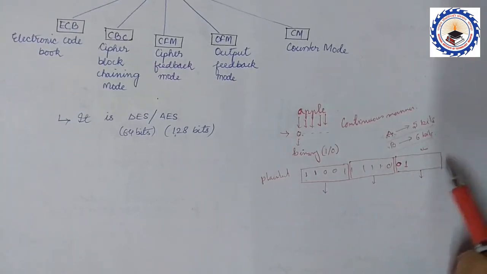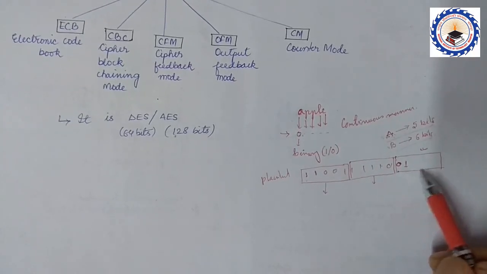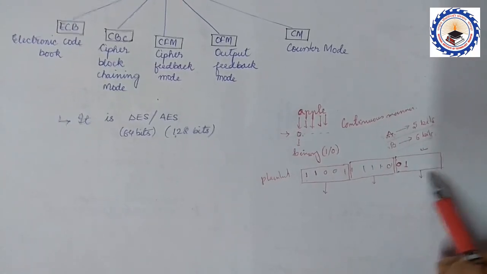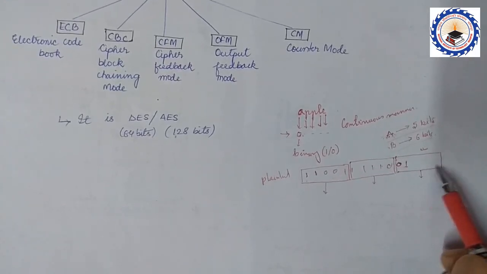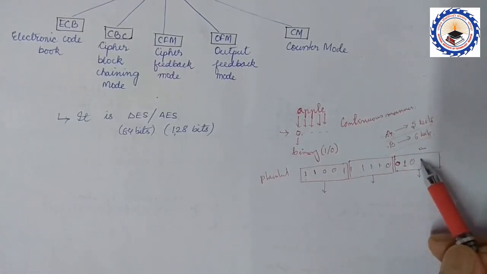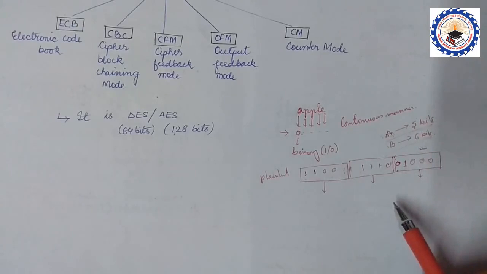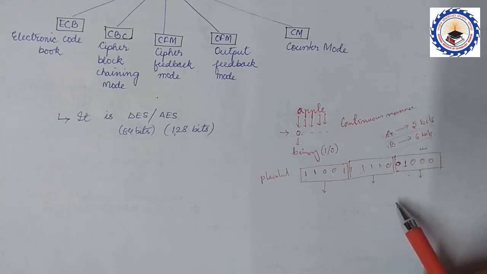For the last block, as we also told earlier, there are always cases where the number of bits is not sufficient, and then you can pad some dummy values and make it a full block of 5 bits.